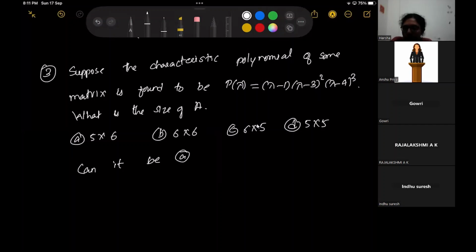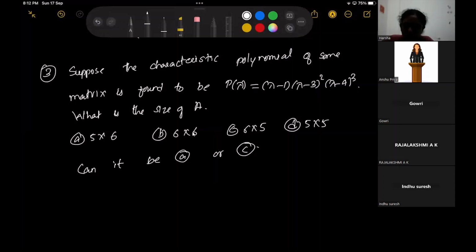Here, the determinant is applicable only for a square matrix. So obviously, 5 by 6 or 6 by 5 is not possible because to find the determinant, it should be a square matrix. Clear?